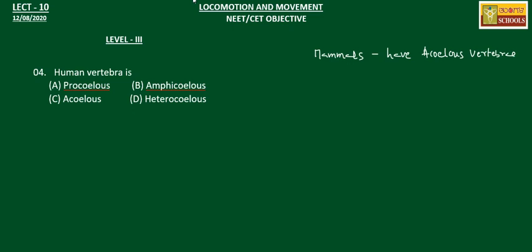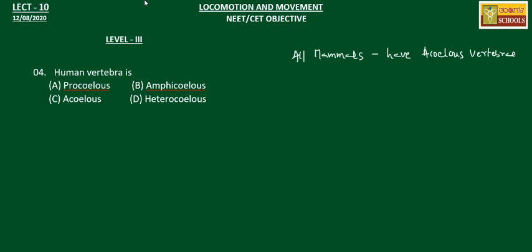So I'll just mention all mammals have acoelous vertebrae. As humans also belong to the group mammals, they have acoelous vertebrae, but we will see what all these are, procoelous, acoelous, and so on. Here the coelus means a cavity, what we see in case of centrum.